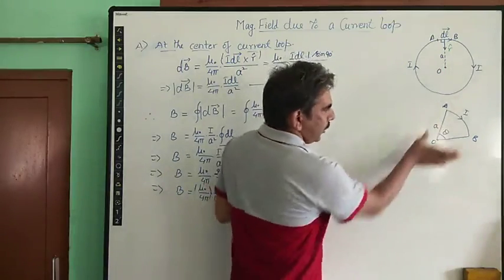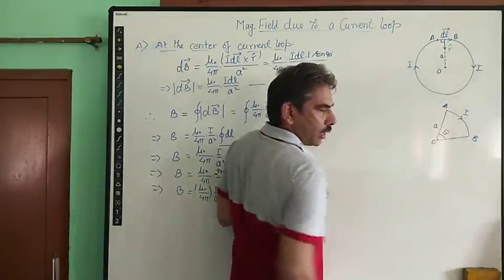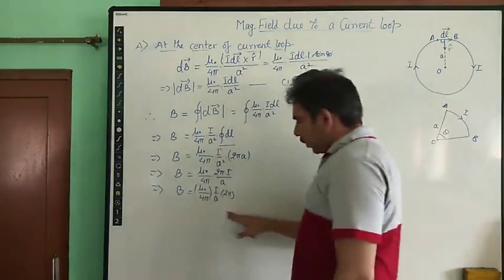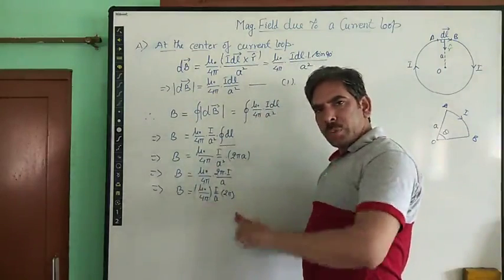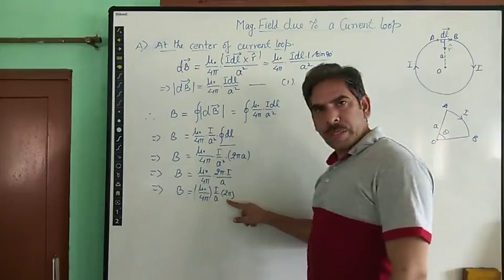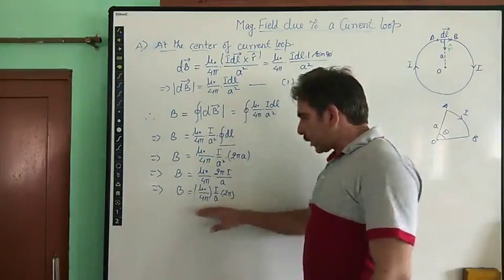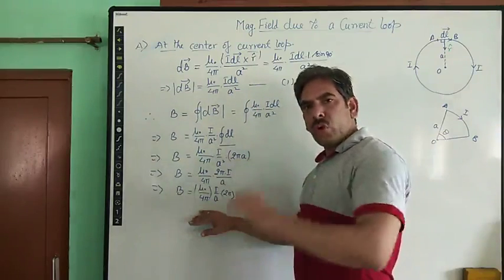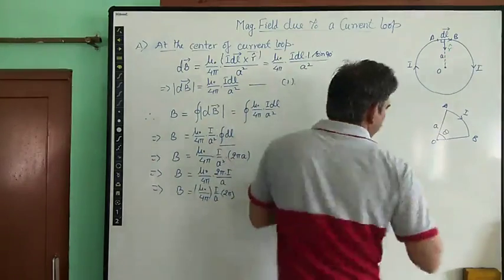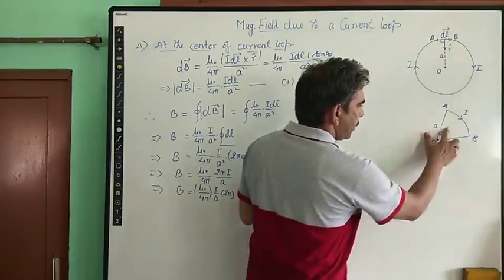So magnetic field will be only due to this length of the loop, current flowing through this length of the loop. So that means this expression is for the whole loop making an angle of 360 degrees, or in radians it is 2 pi. So this is the expression for the magnetic field due to the whole loop which is making an angle of 2 pi radians at the center. Now we have only this much angle which is theta.